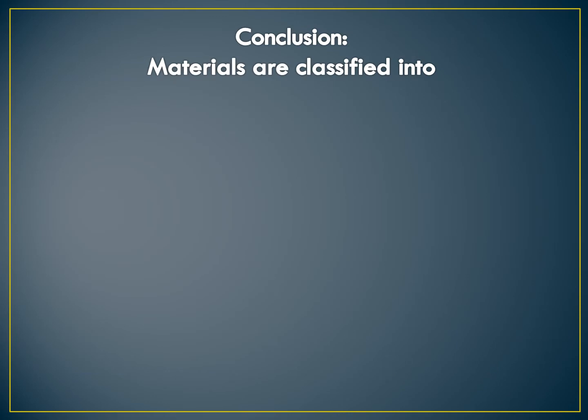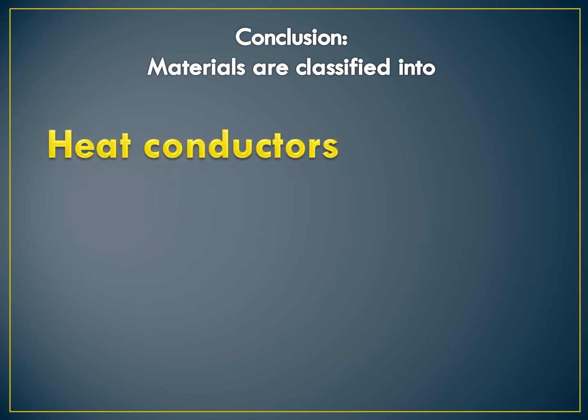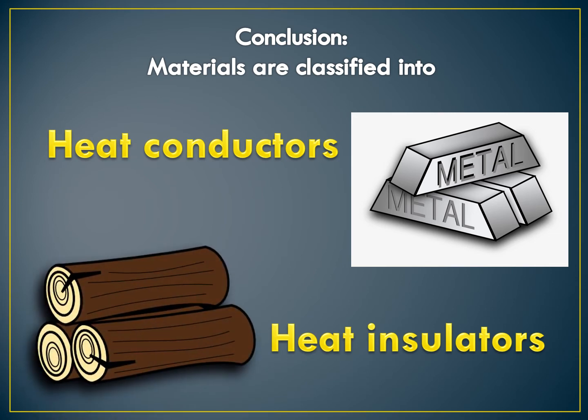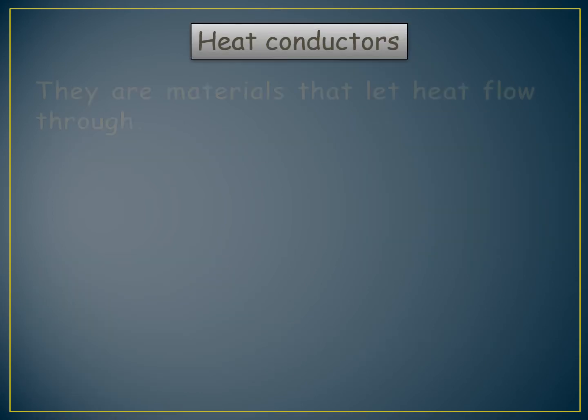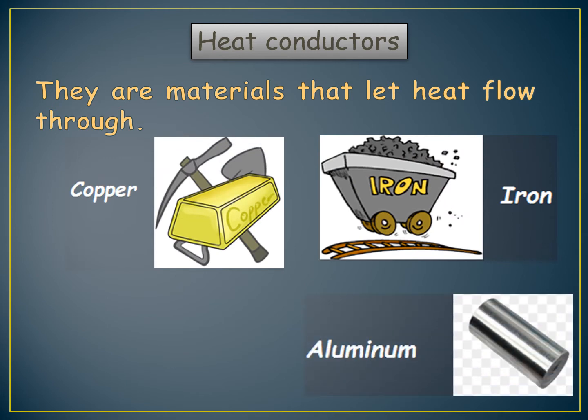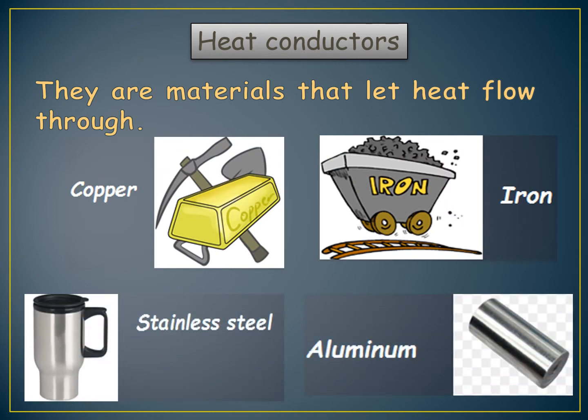From the previous video, we can conclude that materials are classified into heat conductors and heat insulators. Heat conductors are materials that let heat flow through, like iron, copper, aluminum, and stainless steel.